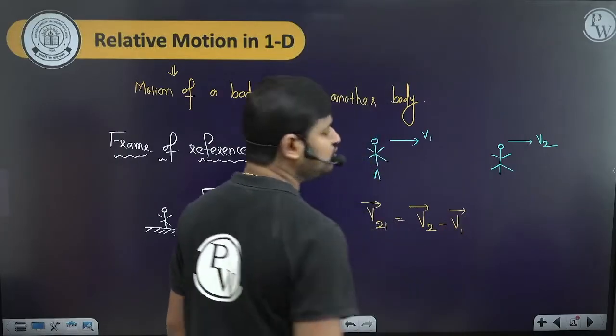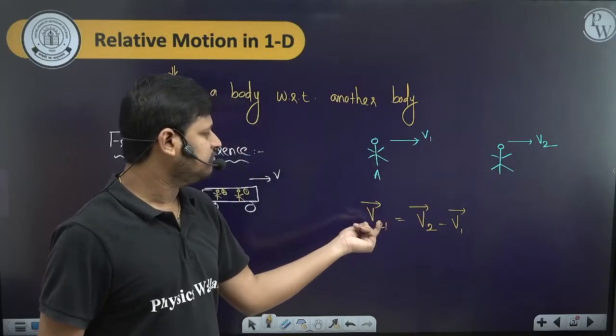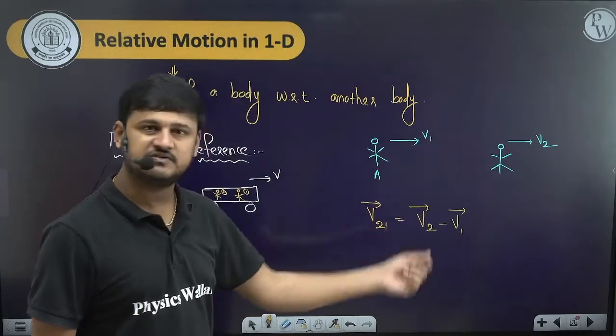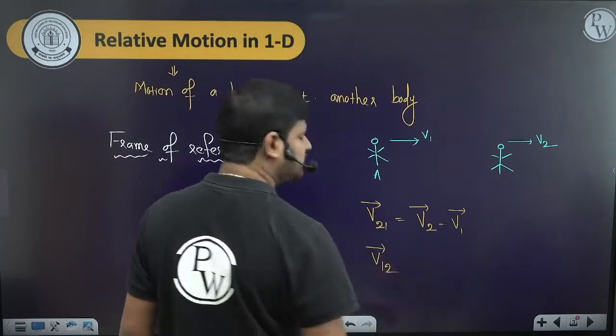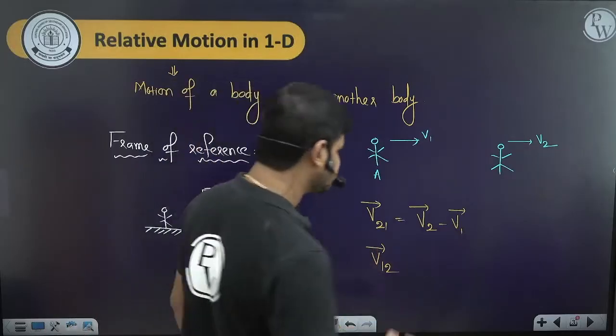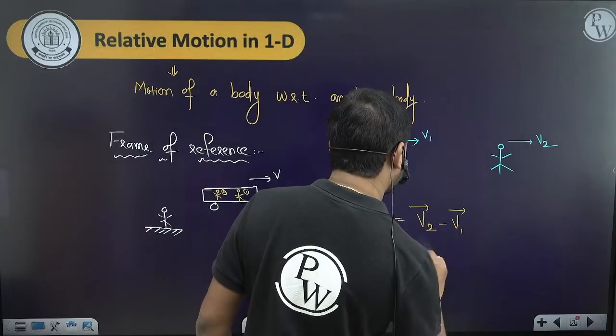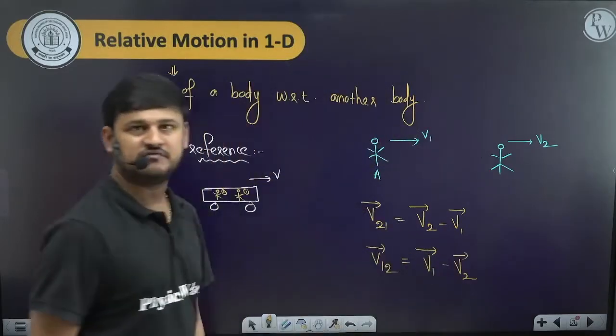Or the relative velocity of person 1 with respect to person 2 is equal to v1 minus v2. Clear?